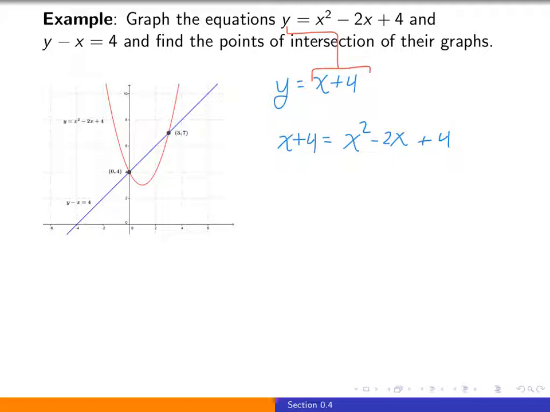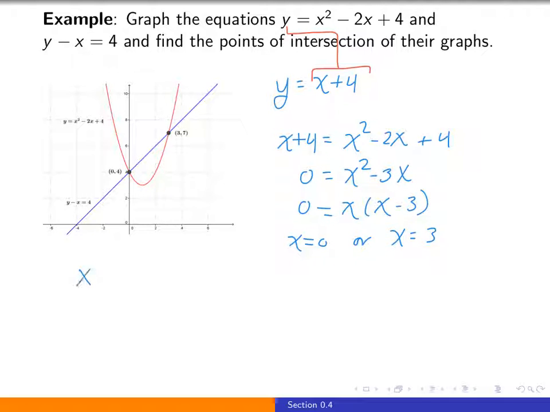So how about on the right? So we need to subtract x and subtract 4. And this is very nice to work with because we see that an x factors out, leaving an x minus 3 on the right. And this would imply that x is equal to 0 or x is equal to 3.